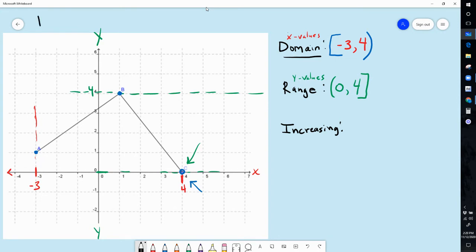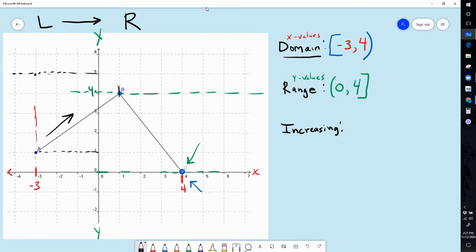So first and foremost, we always read our graph left to right, always, always, always. So as we look at our graph, we're going from left to right. As I go along my graph from left to right, and we start right here, as I move in this direction, is my graph going uphill? Well, as I go in this direction, my graph is going uphill.